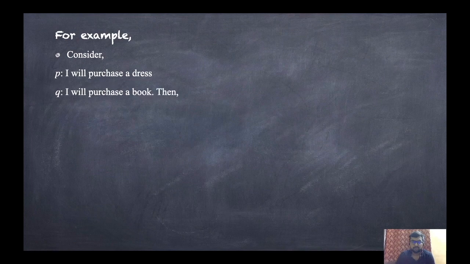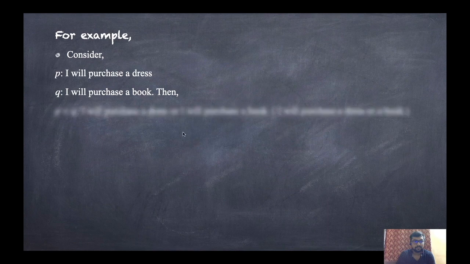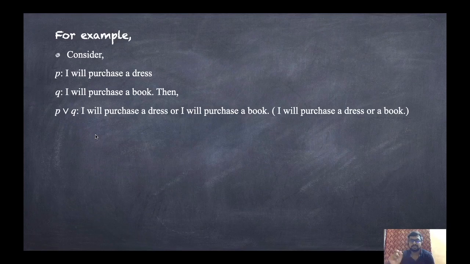For example, consider P: I will purchase a dress. Q: I will purchase a book. If we want to combine them via the word or, its symbol is P or Q like this, and the statement will be: I will purchase a dress or I will purchase a book.